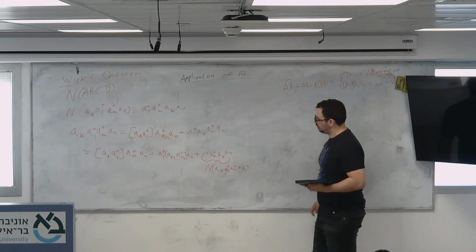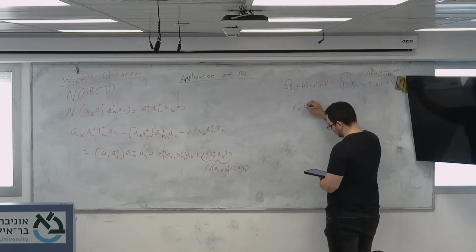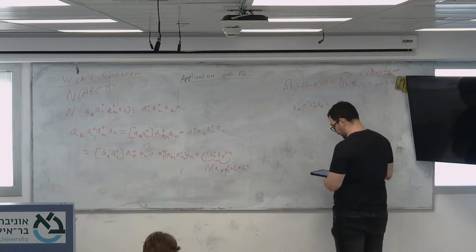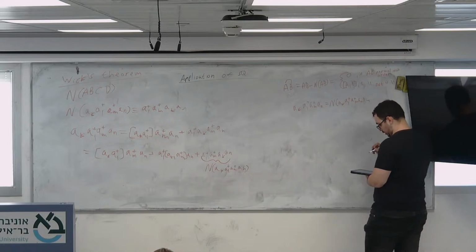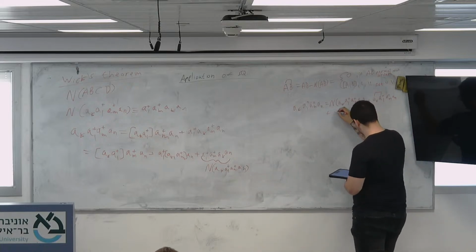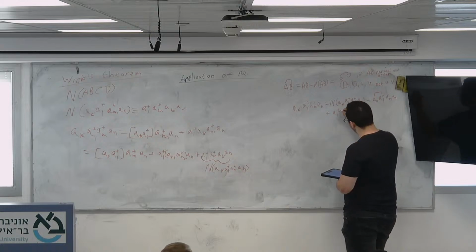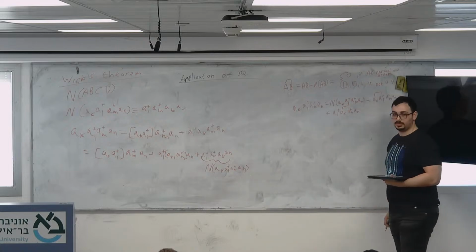Okay, so we can rewrite our equation right here. a_k a_l† a_m† a_n will be equal to N of a_k a_l† a_m† a_n, plus a_k a_l† contraction a_m†, plus a_l† a_k a_n† a_n contraction here.